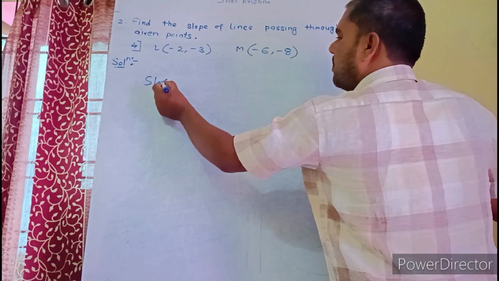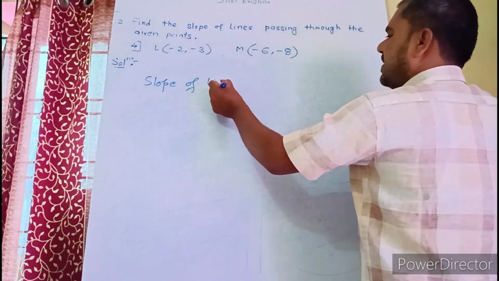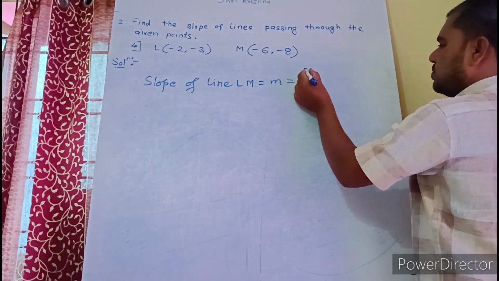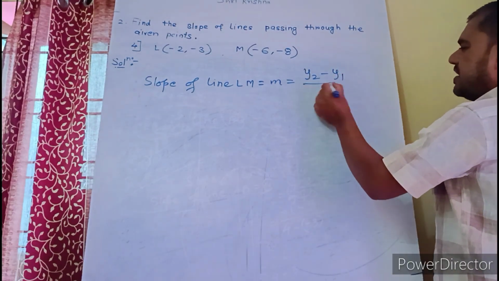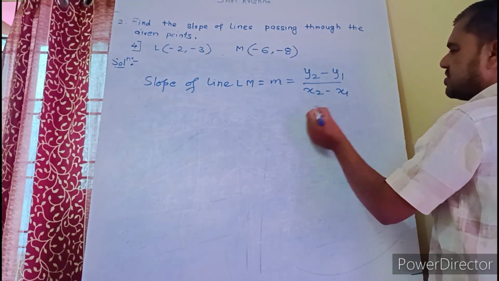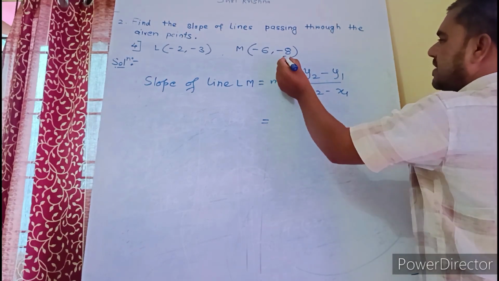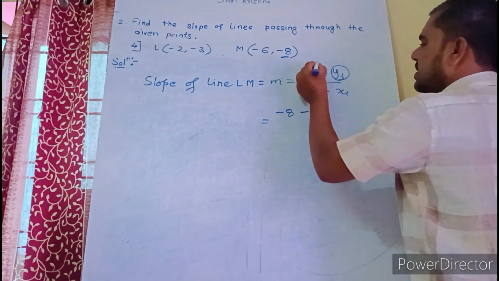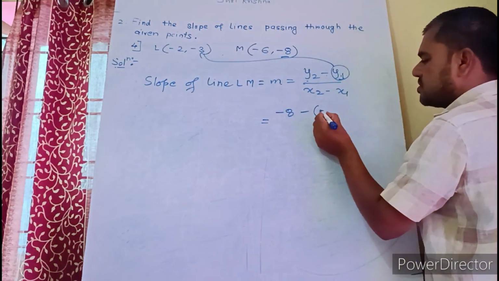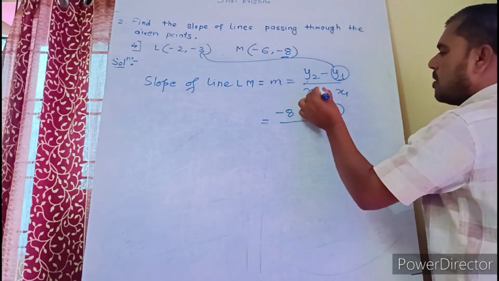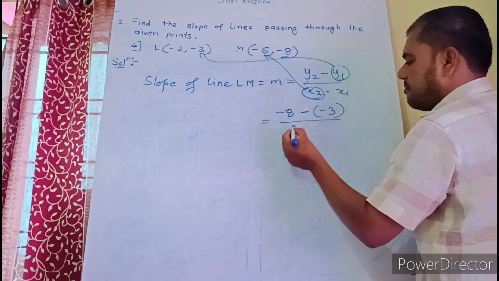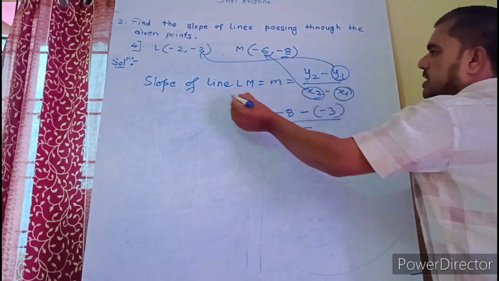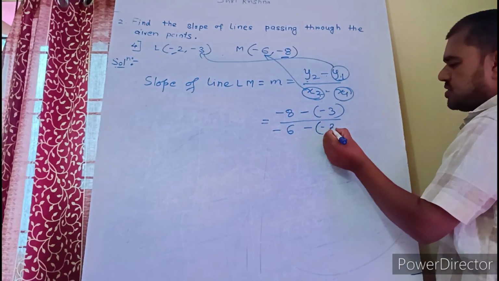The slope of line LM can be calculated as M equal to (y2 - y1) divided by (x2 - x1), equal to the value of y2, that is -8, minus the value of y1, -3, divided by the value of x2, -6, minus the value of x1, -2. Put -2 instead of this.